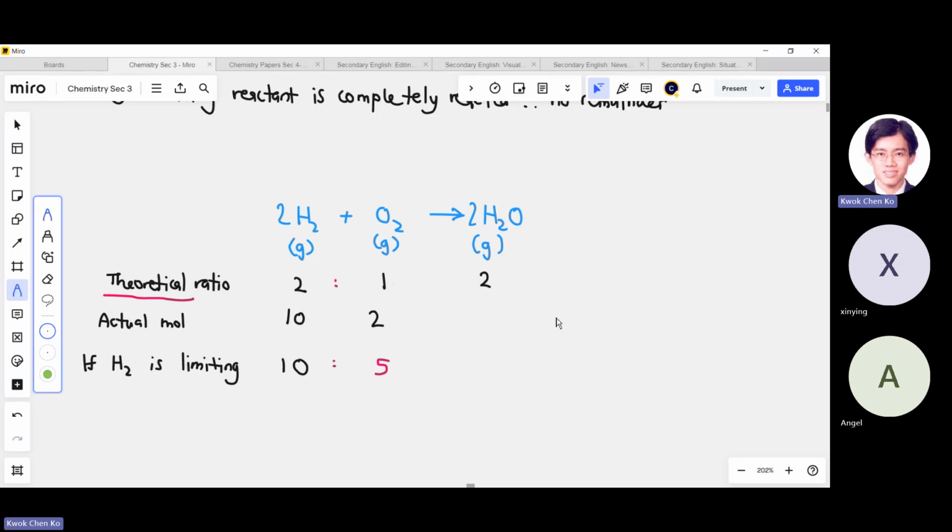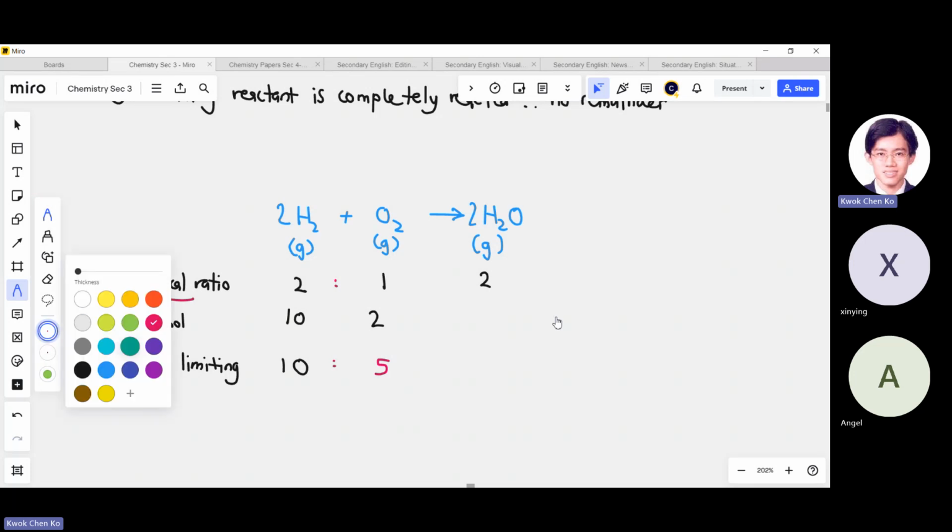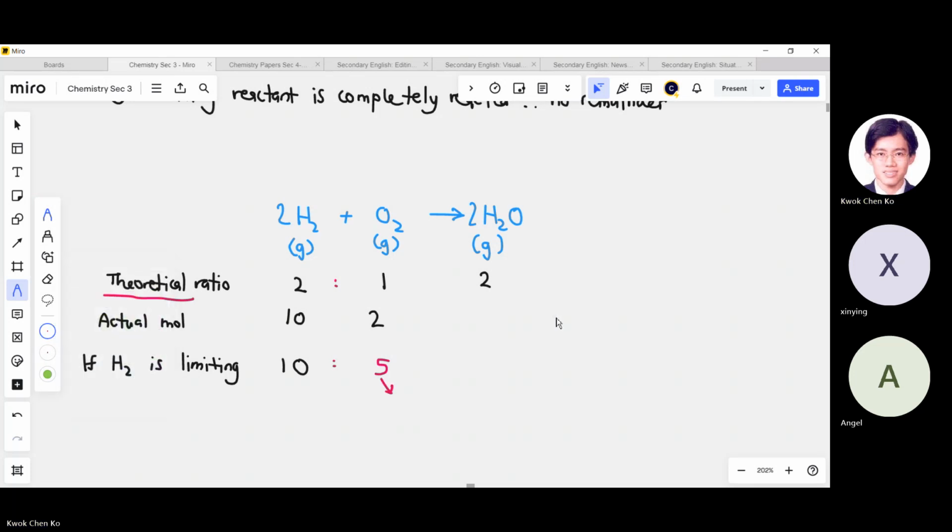I only have 2 moles of O2. So the conclusion is this: O2 is limiting.